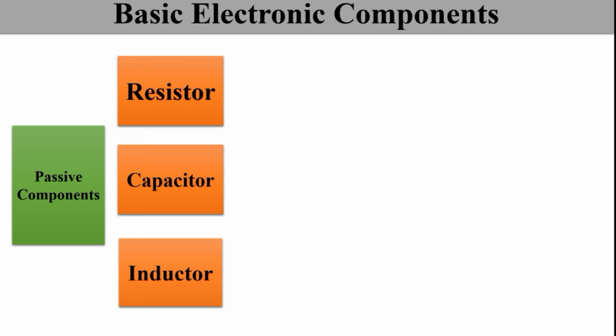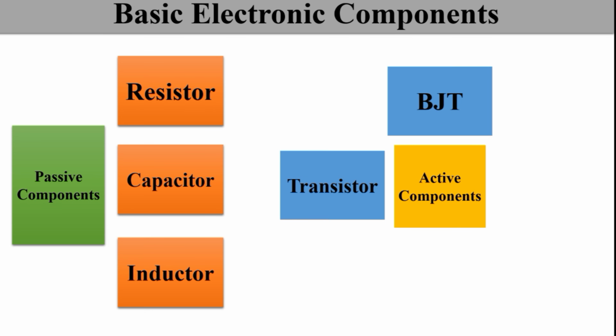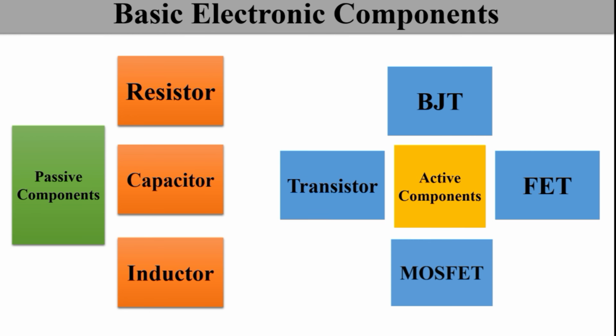There are others too, but we have seen these in this video. Next are the active components. In this video, we have seen transistors, BJT, FET and MOSFET. There are other active components as well, but in this video, we have seen these 4 active electronic components.